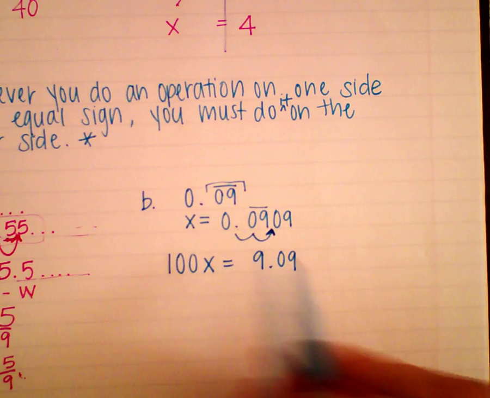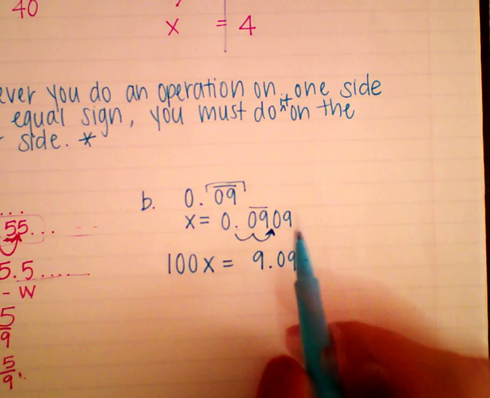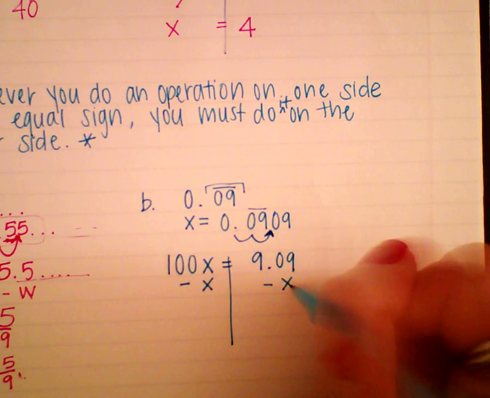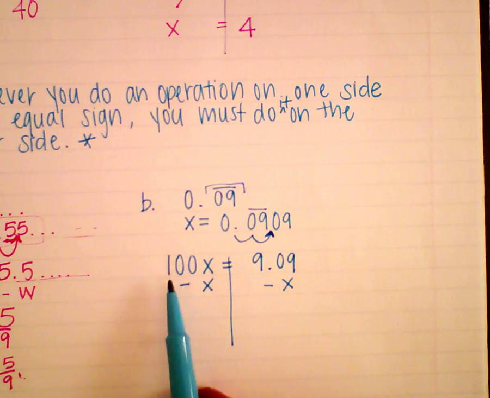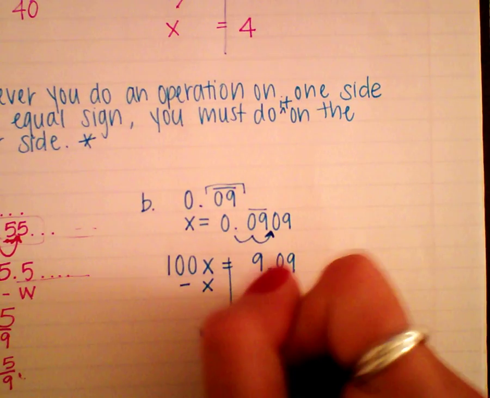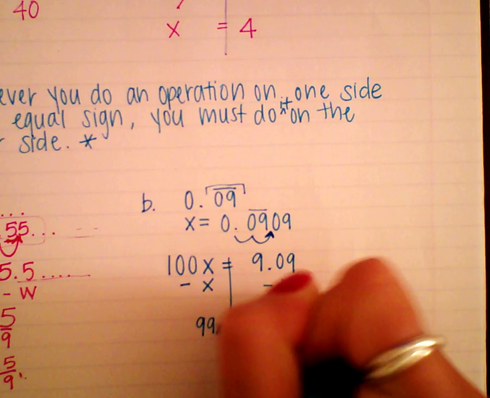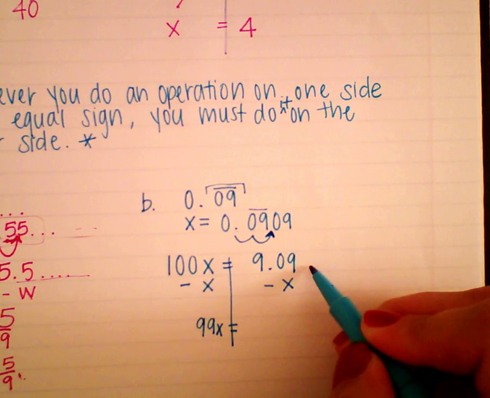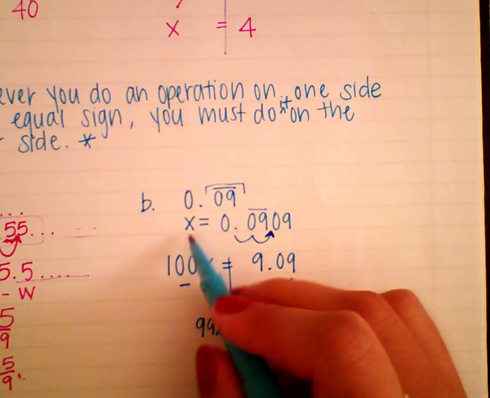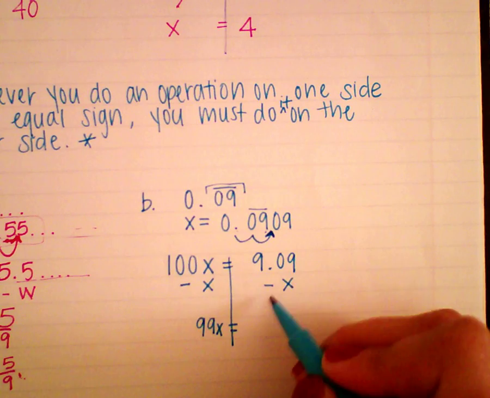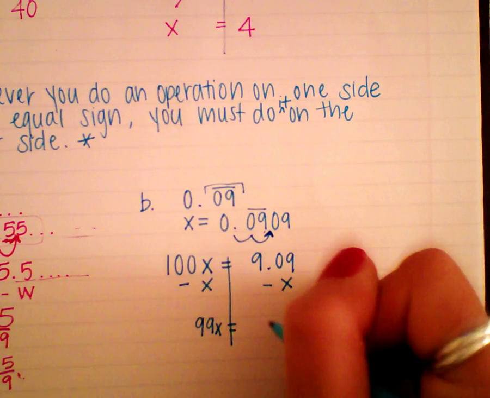So I know the decimal junk is x, so I need to get rid of an x on both sides. 100x, take away 1x, is 99x. Very good. 9.09 minus x, which is 0.09, so 9.09 minus 0.09, well, that's just 9.